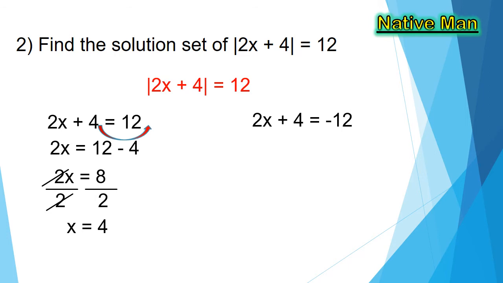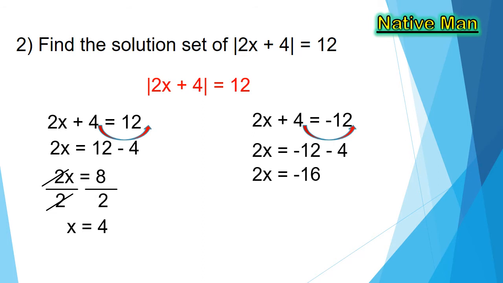Okay? Sa may negative 12 po tayo, 2x plus 4 is equal to negative 12. Transpose din po natin yung 4. So, ang matitira po dun ay 2x is equal to negative 12 minus 4. So, plus 4 po siya. Pag tinranspose, magiging minus 4. So, pag i-minus po natin, negative 12 minus 4, magiging negative 16. Kaya, 2x is equal to negative 16.